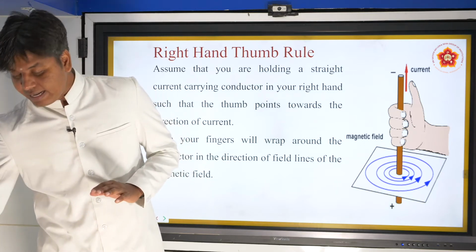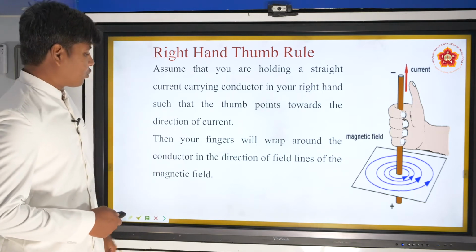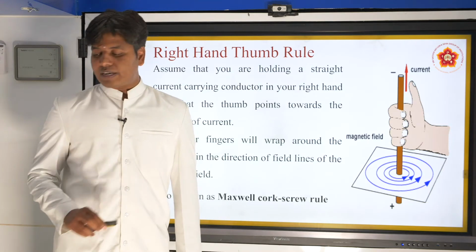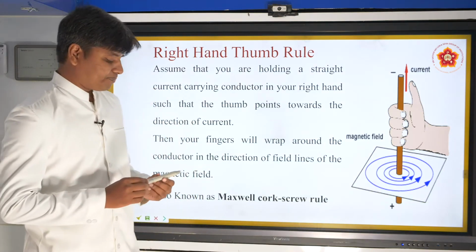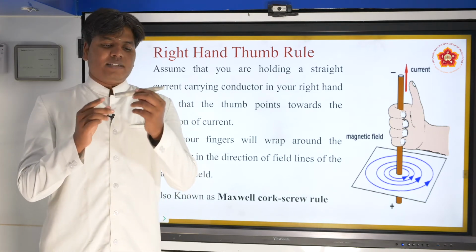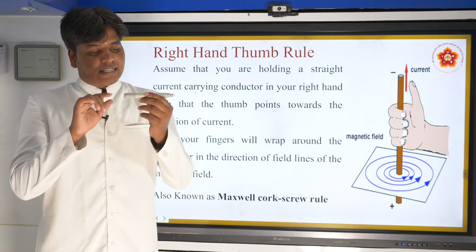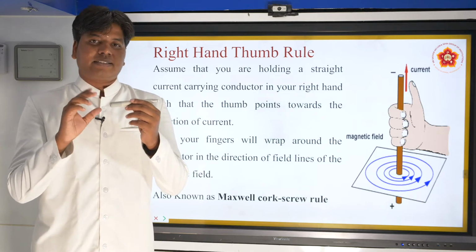Okay, and this rule is also called Maxwell's corkscrew rule. What does Maxwell's corkscrew rule mean? Let us assume this as the screw, and this screw we assume as a conductor, a wire.